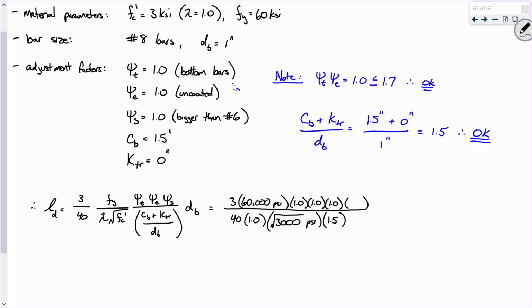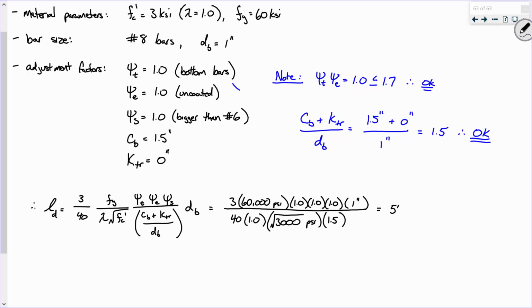And what's our bar diameter? So, what do we got? 54. We'll just keep it to like 54.8 or something like it.